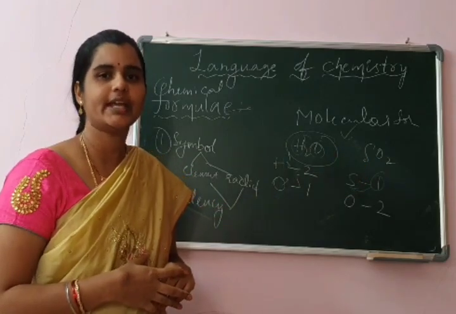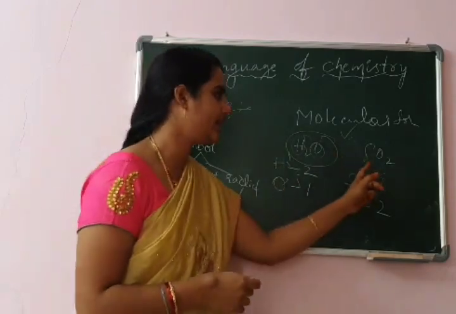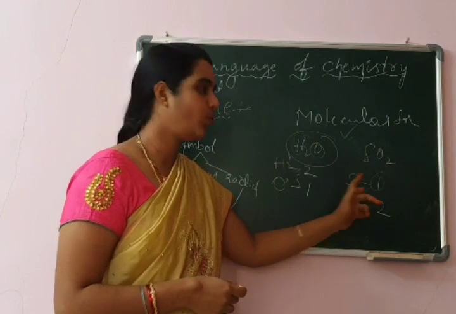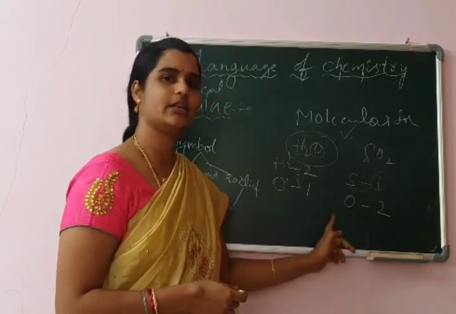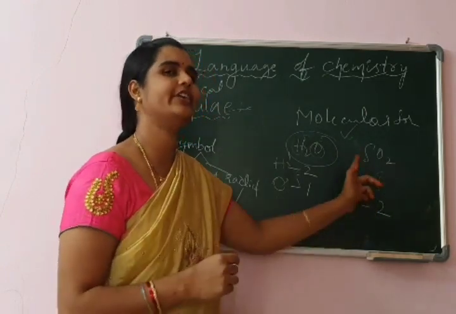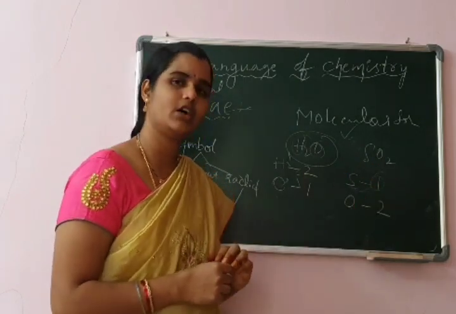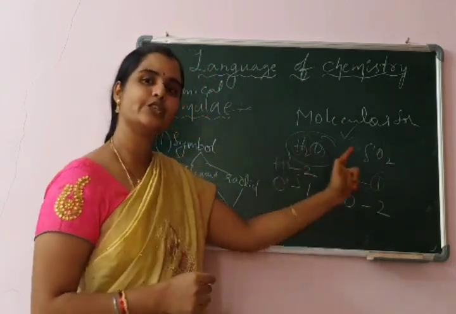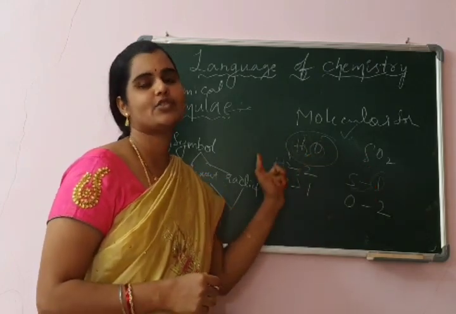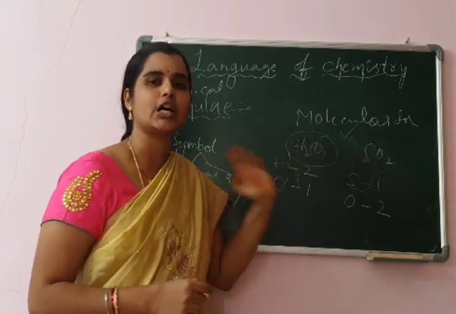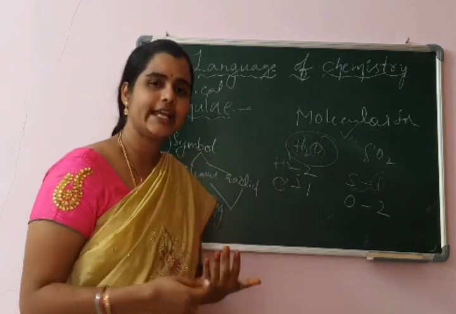One molecule of sulfur dioxide consists of 1 atom of sulfur and 2 atoms of oxygen. One molecule of H2O consists of 2 atoms of hydrogen and 1 atom of oxygen.